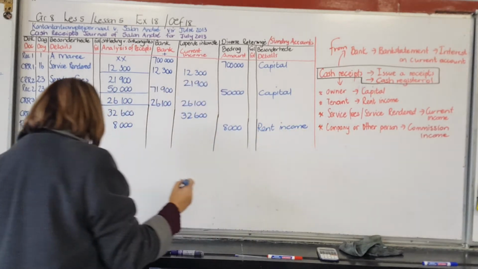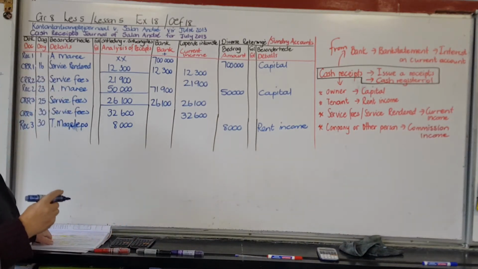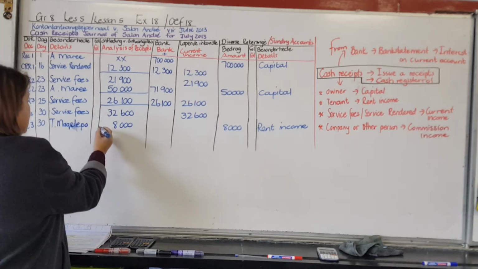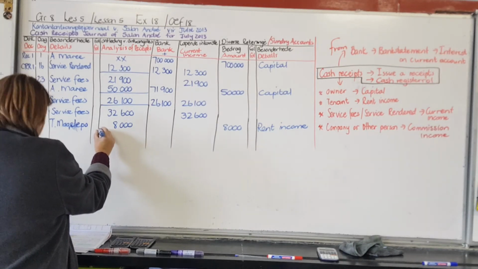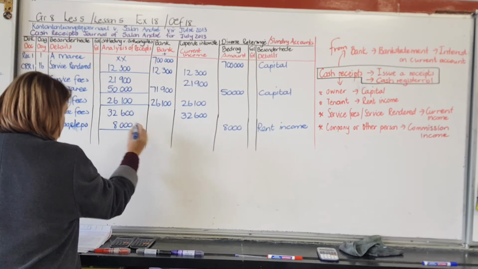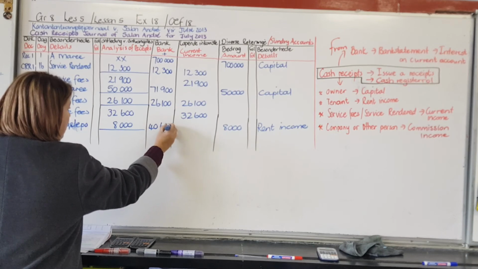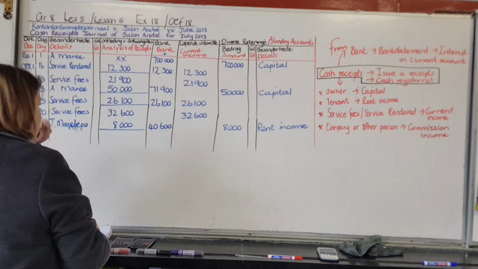The sentence says it's your tenant. So your tenant, you've received money from him or her, and that's rent income. So the very next day, you're going to draw your deposit line, add that, and send somebody to bank your 40,600 Rand.